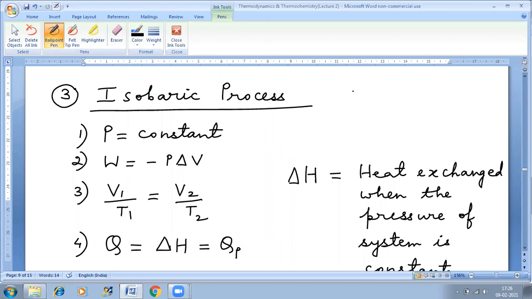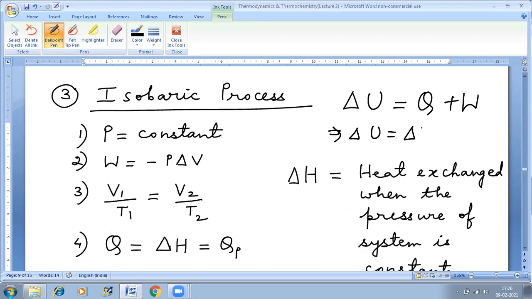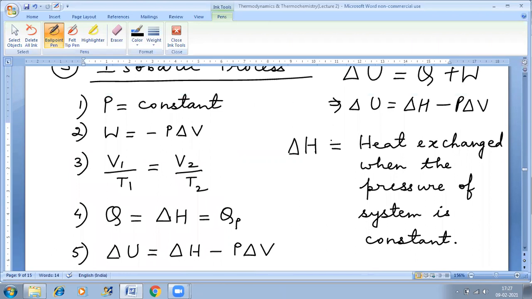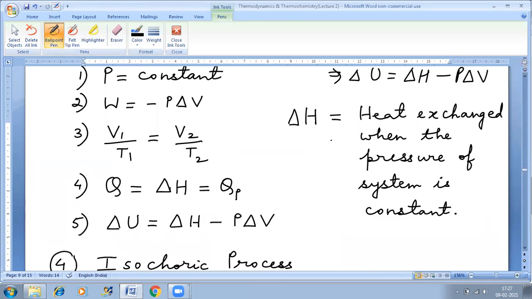From the first law, we know that delta U is equal to Q plus W. If pressure is constant, then Q is called delta H and W is called minus P delta V. So I'm putting these values, I'll get delta U is equal to delta H minus P delta V. So how do you define delta H? Delta H is heat exchanged when the pressure of the system is constant.